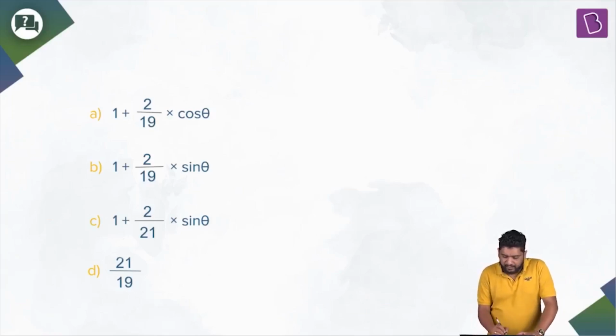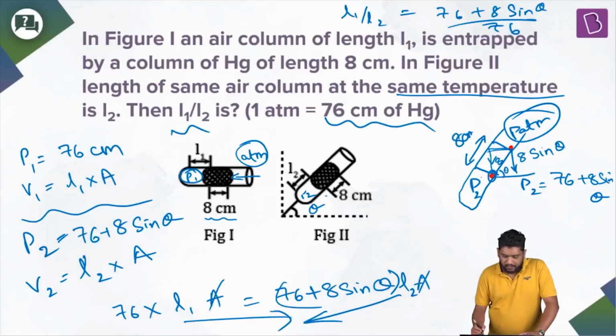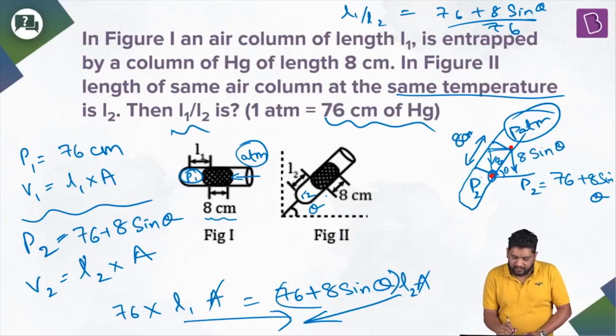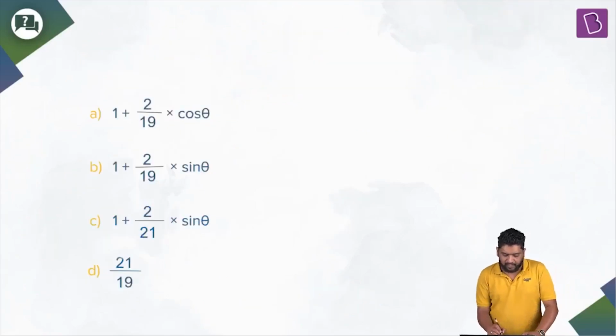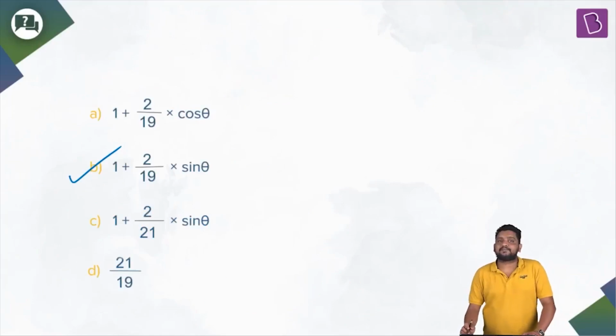Simplifying, dividing numerator and denominator by 4, I get 2 by 19 sine theta. So 1 plus 2 by 19 sine theta is what I'm looking for, which is there in option B. So our correct answer is option B.